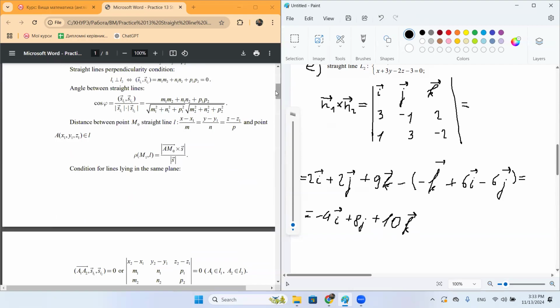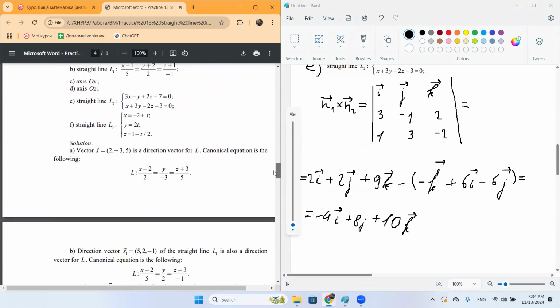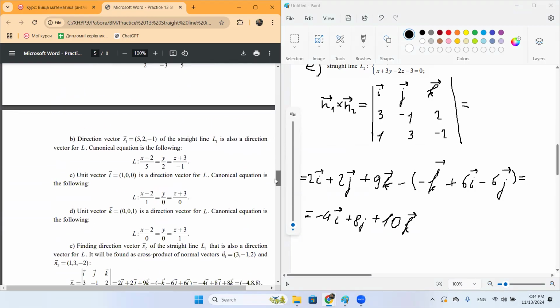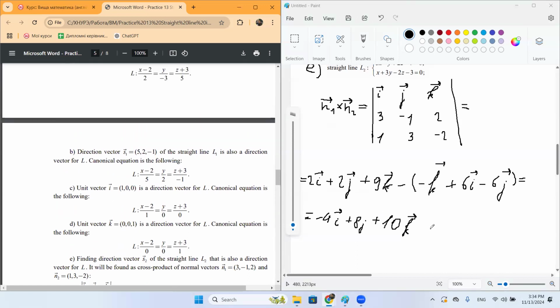Now let me check if everything is calculated correctly. Here it is calculated incorrectly. I made a mistake with signs. So what do we have? Minus 4, 8, 10.